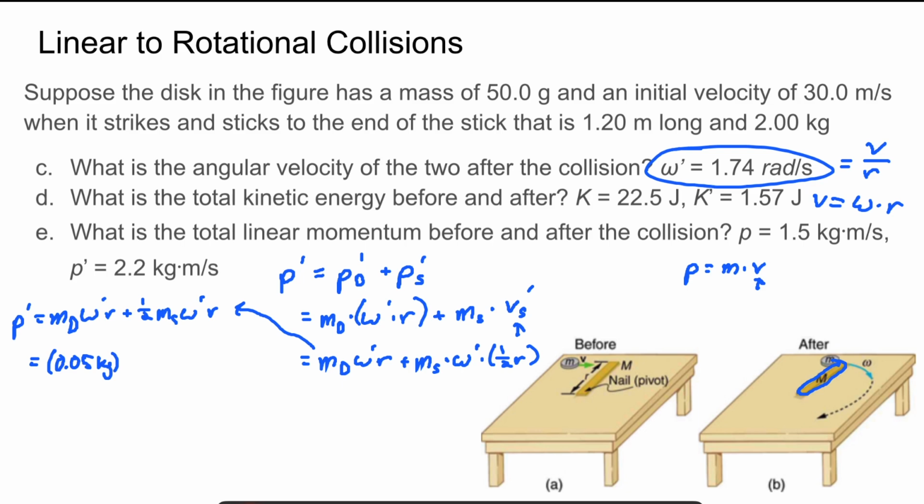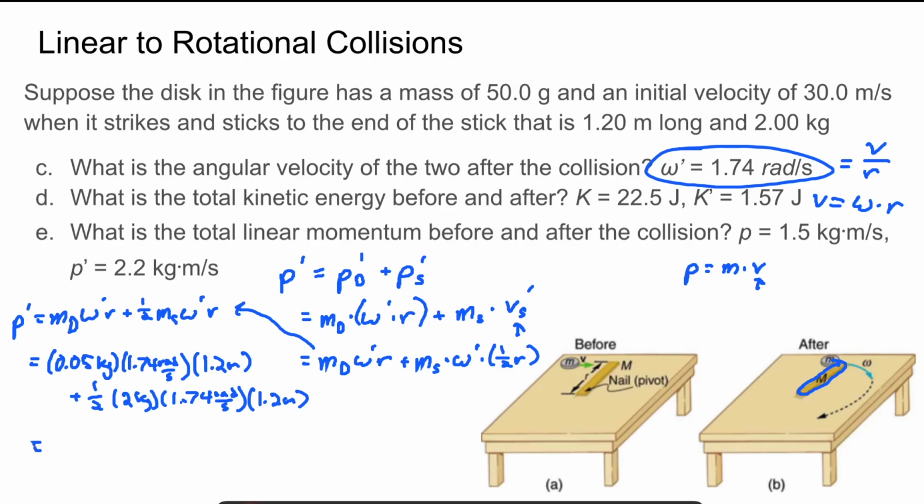0.05 kilograms, the mass of the disk, times our angular velocity, which is 1.74 radians per second, and that's times our radius, which is 1.2 meters. And then we can add to that 1/2 of the mass of the stick, which is 2 kilograms, times our angular velocity, 1.74 radians per second, times our radius, 1.2 meters.